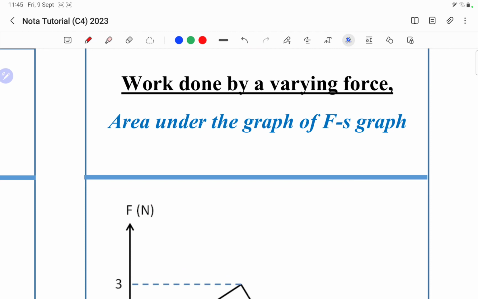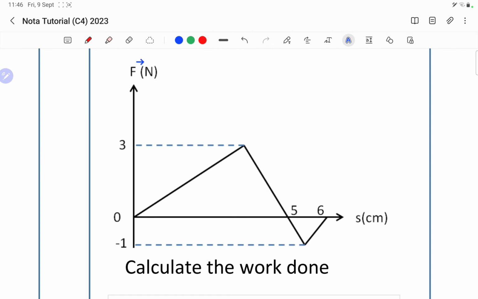Then work done by a varying force. So this one, the force is changing as time goes on. Here we have the y-axis as force, and the x-axis is the displacement. So the area under the graph will give you the work done. But the area above the x-axis is positive work done, below is negative work done.